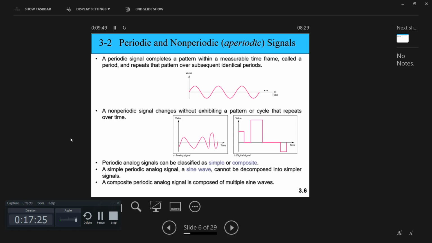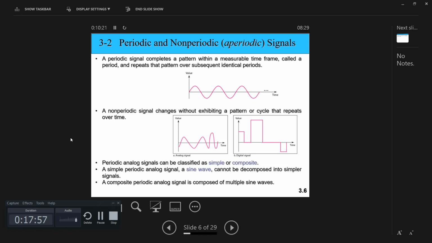This signal is periodic. The sine wave is simple, but this is a composite signal. It is multiple signals combined with each other to generate this signal. And this composite signal is important.